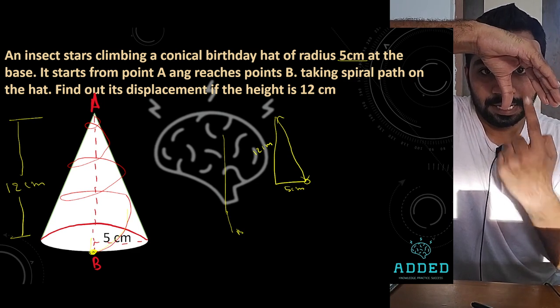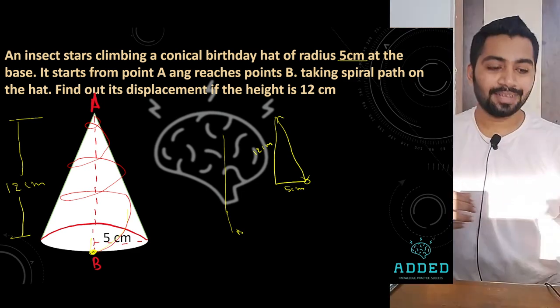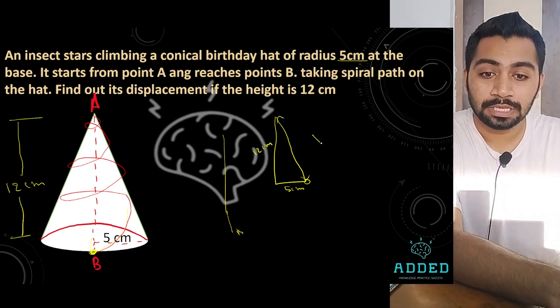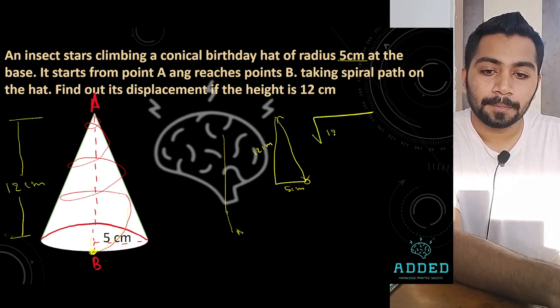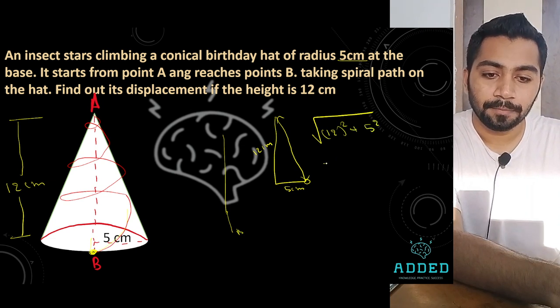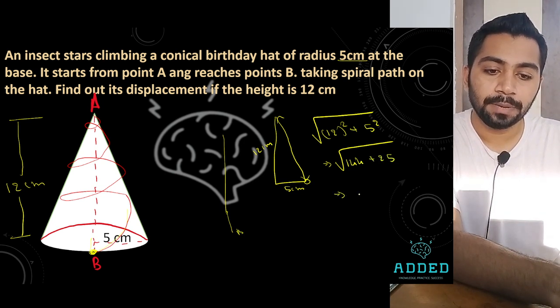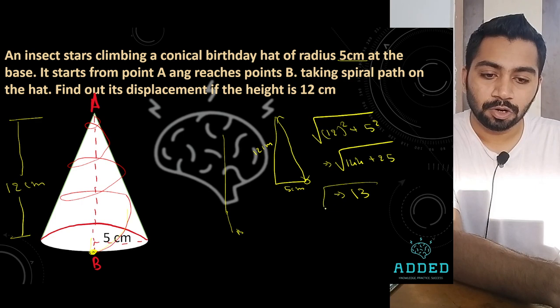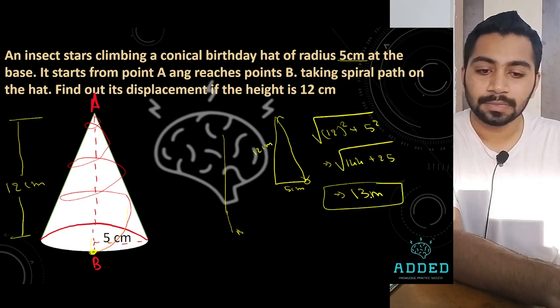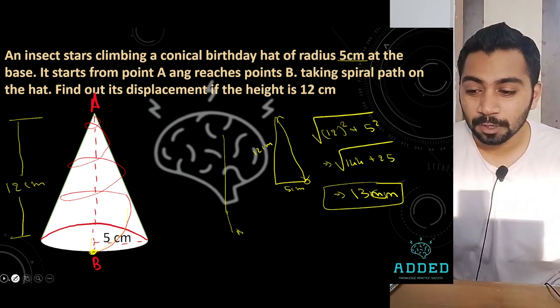If the insect is here, it goes like this, but the insect is here, so it must come here and go here. So very simple. Now Pythagoras theorem: 12 whole square plus 5 whole square, 144 plus 25, whose square root becomes 13. Shortest distance is 13 centimeters. Simple case needs simple solution.